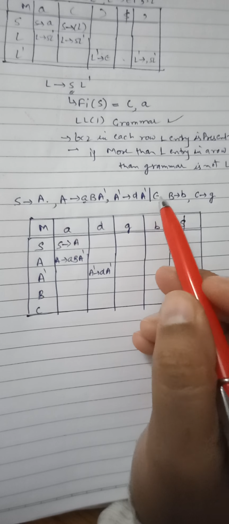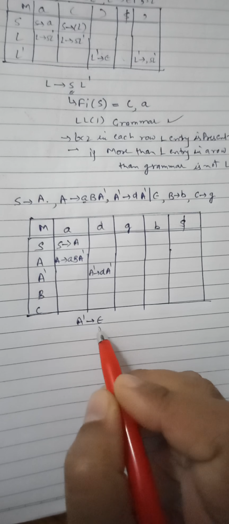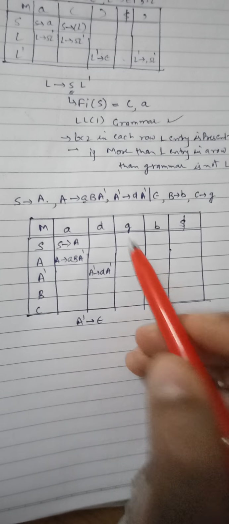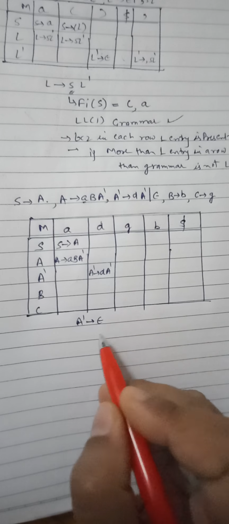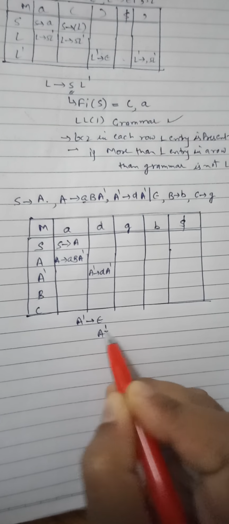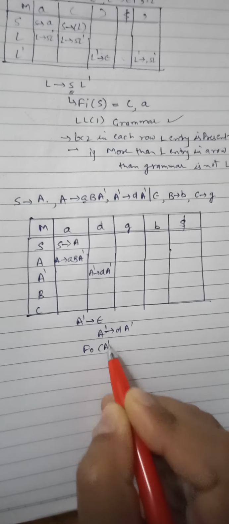But A dash also tends to epsilon, so we need the follow of A dash.